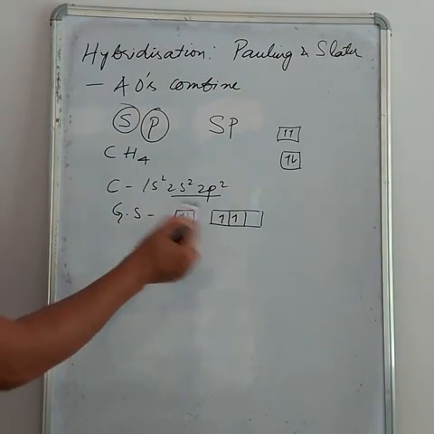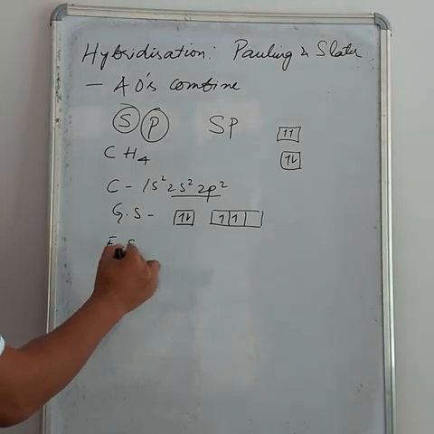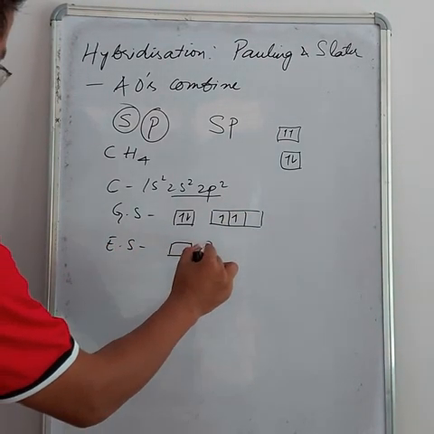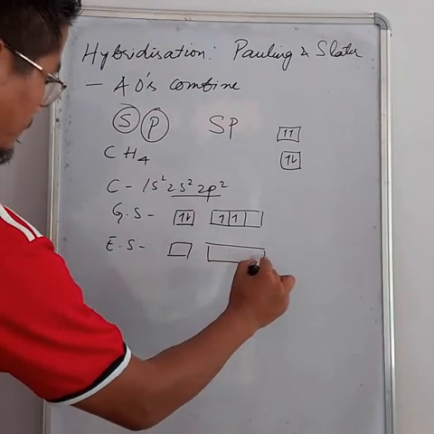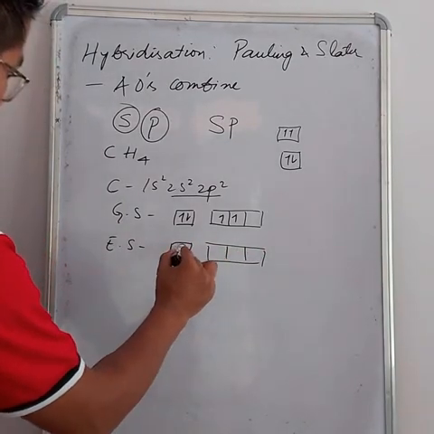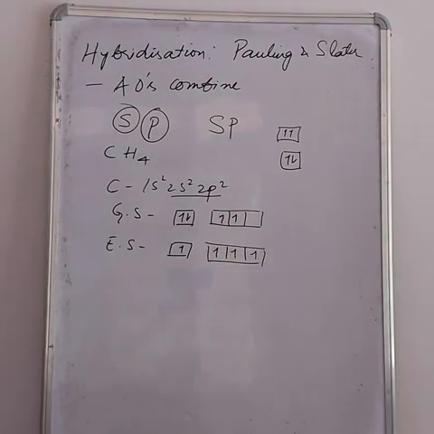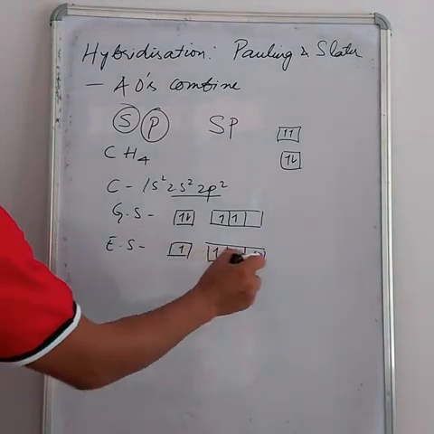But in the excited state, one of the electrons migrates to the p orbital, gaining energy, and then we have 4 unpaired electrons.